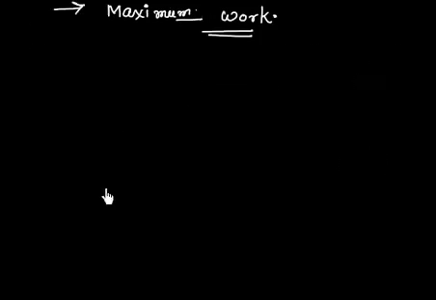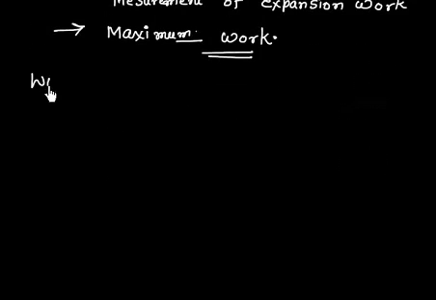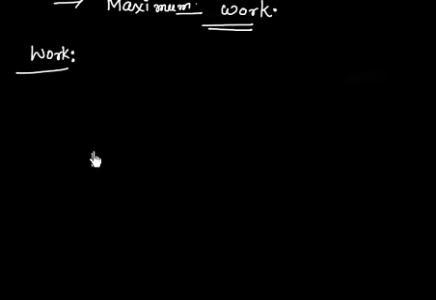So first, let us introduce the concept of work. What is work? Let us say I have a stone that is kept on the earth. If I lift this stone of mass m to a height h, then if you have some idea of physics, we say work has been done.